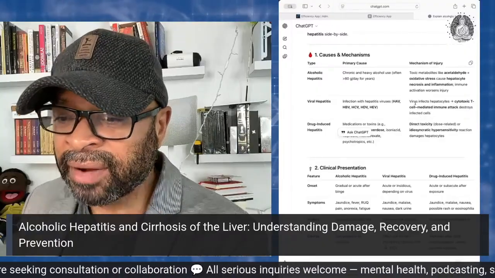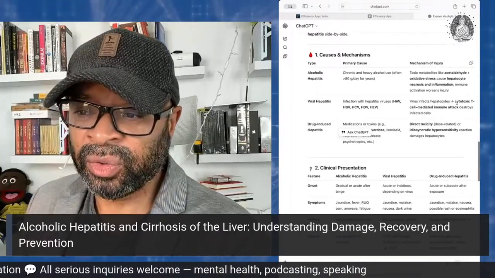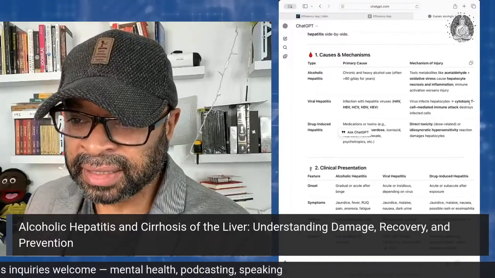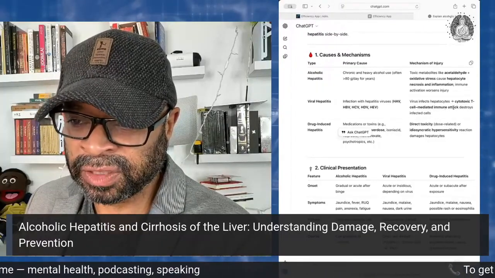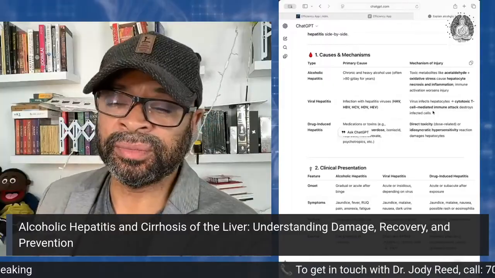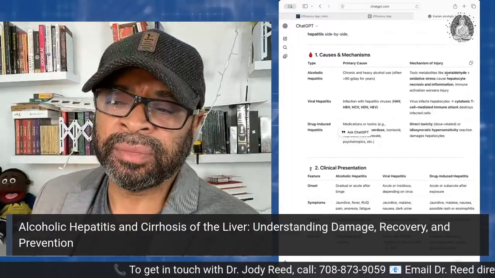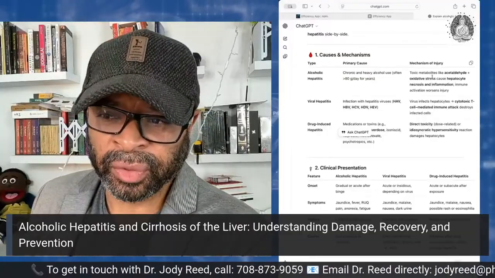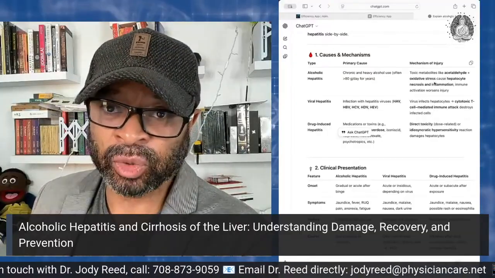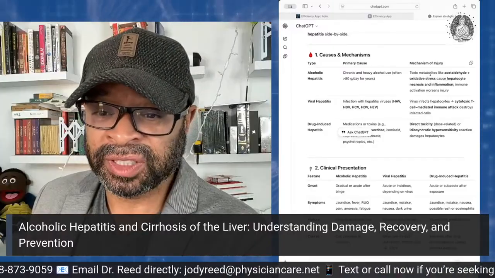So the virus infects the hepatocyte, and then you get a cytotoxic T cell mediated immune response that actually destroys the infected cell. In alcoholic hepatitis, you get the buildup of acetaldehyde and free radicals that damage the actual cells, which results in inflammation, and then the immune response worsens the injury.